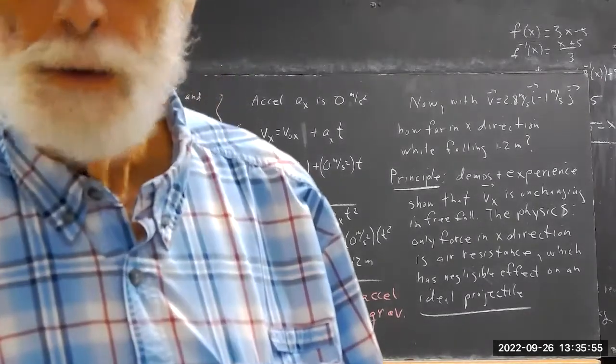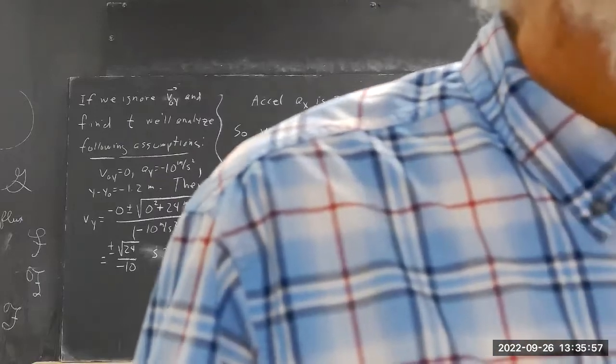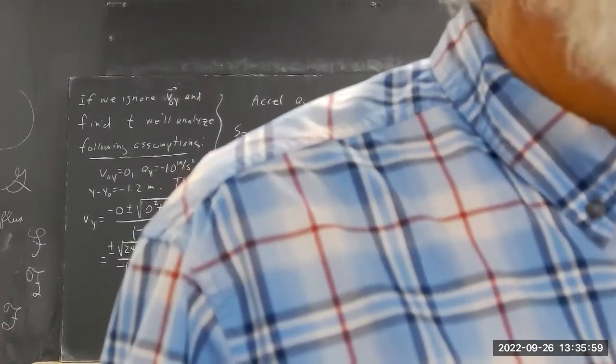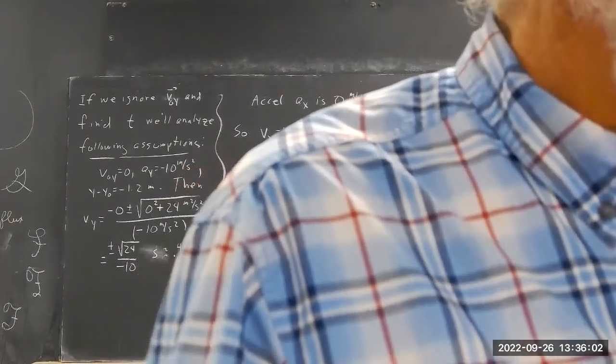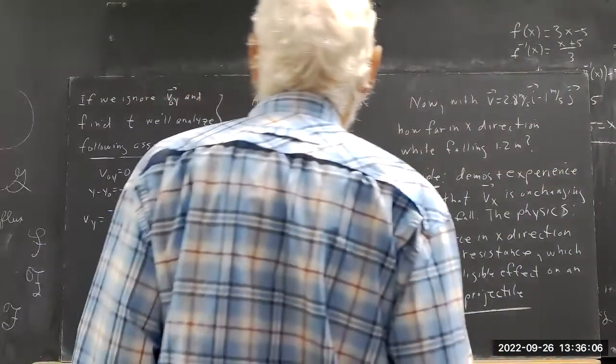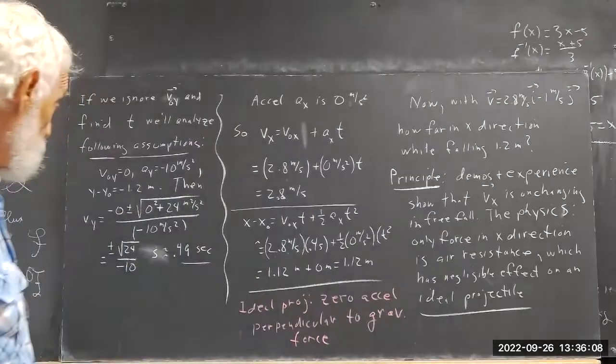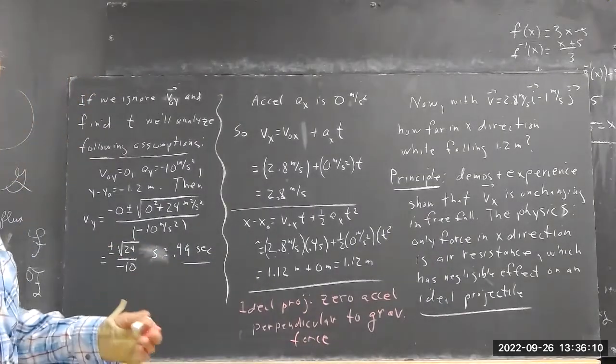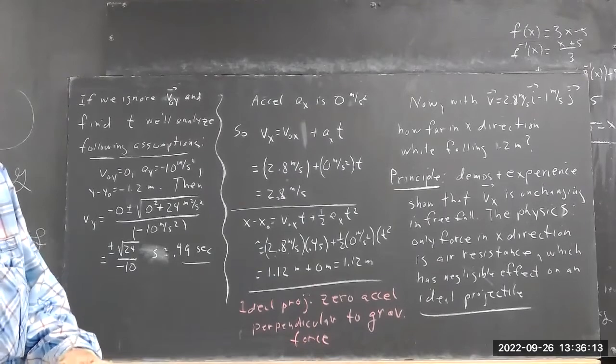Okay. I had you using 0.44 seconds. It actually should have been 0.49 seconds. Well, all your results could change accordingly. This is different than the 0.44 by about 11 or 12%. That would change some of your answers in your analysis. Okay.